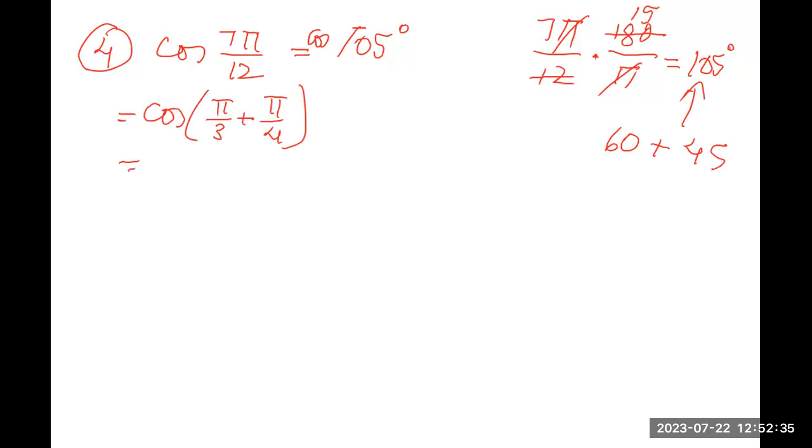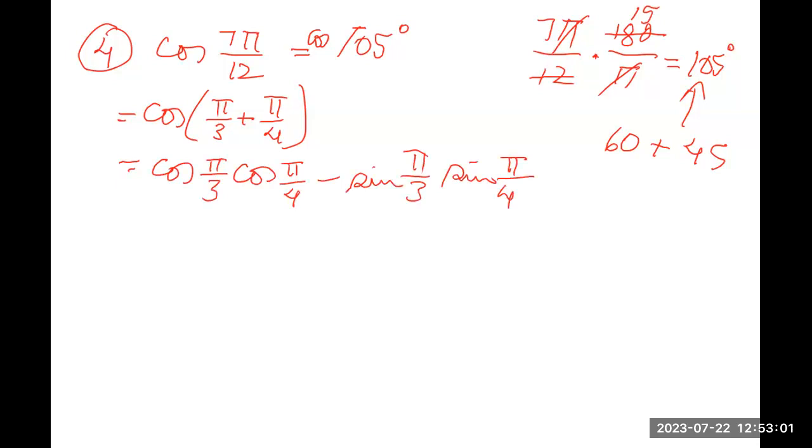And then we use the sum identity for the cosine, thinking of pi over 3 as alpha and pi over 4 as beta. So this becomes cosine pi over 3 cosine pi over 4 minus sine pi over 3 sine pi over 4.